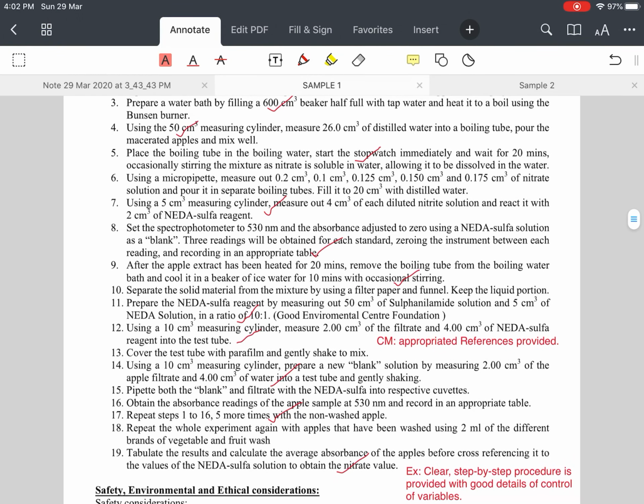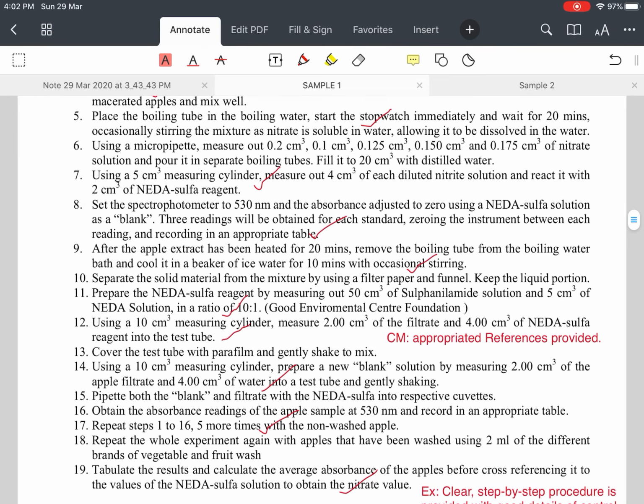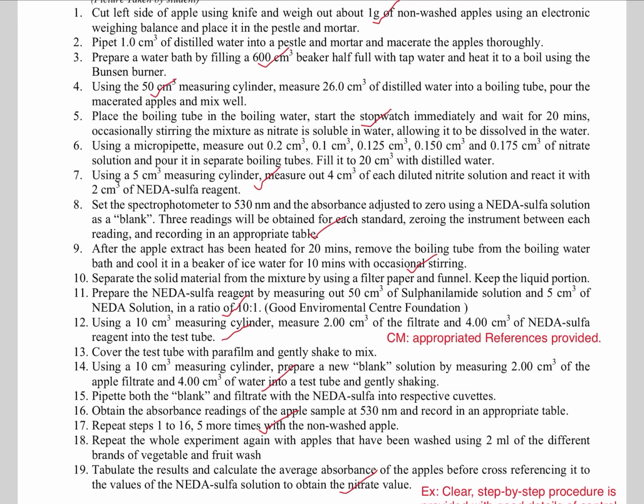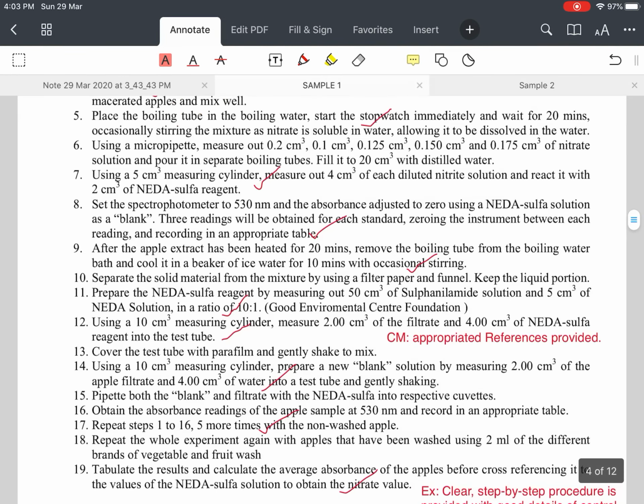So in this one, a few things are simple steps, like you're cutting and then you're using a blender or a pestle and mortar. Measuring cylinder is to measure this and that, but for a few things where it goes more into detail of chemicals, then probably you can give more details about that thing.